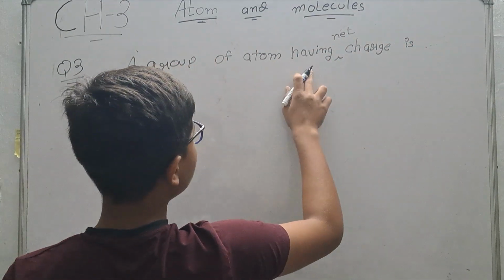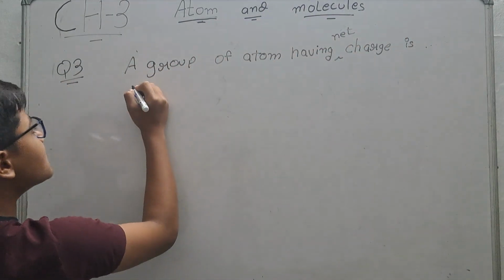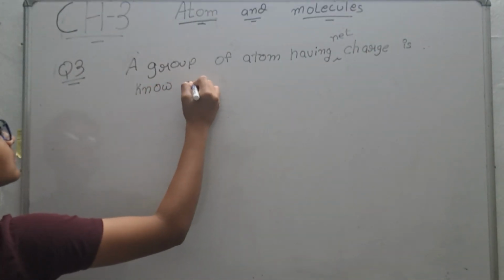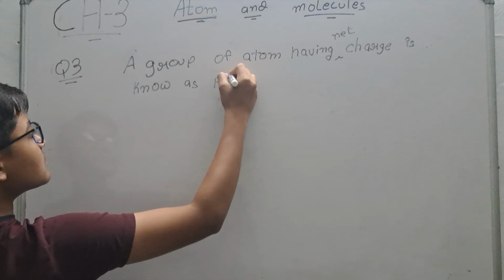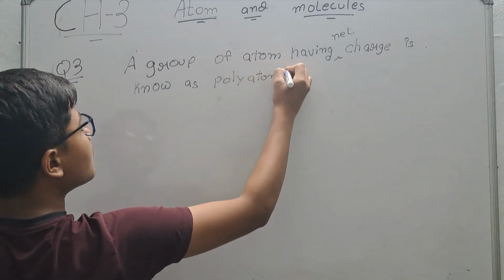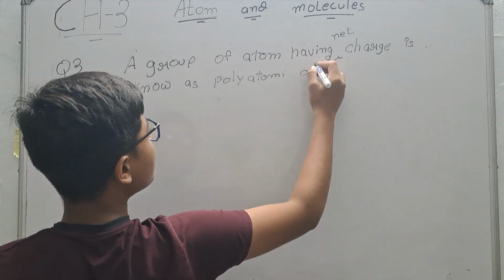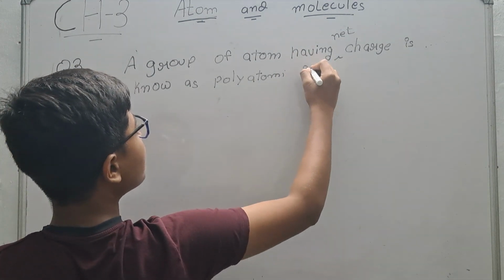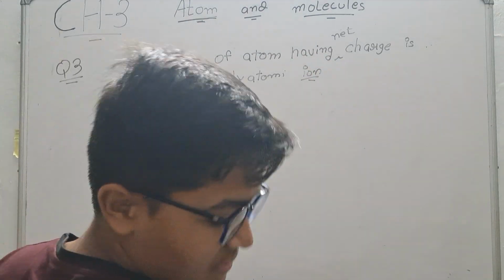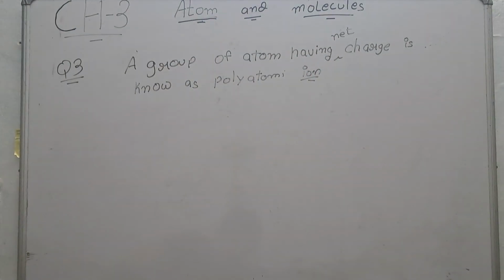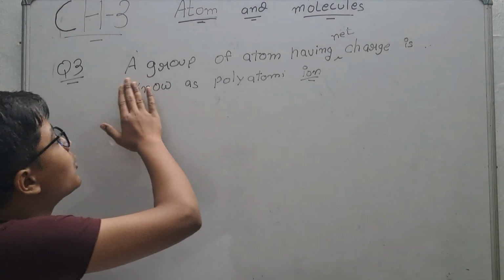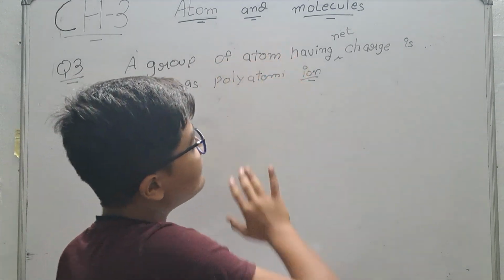A group of atoms having a net charge is known as polyatomic ions. Okay students, so you can see the definition: a group of atoms having a net charge.